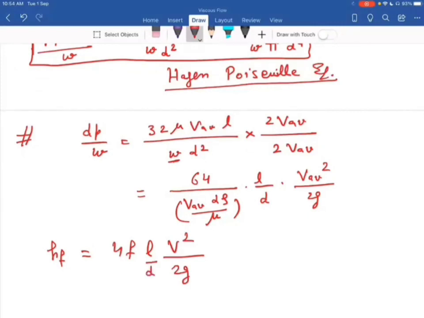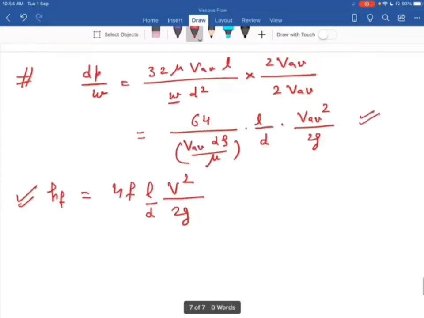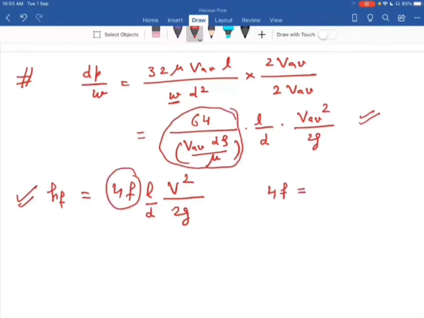This is the Darcy-Weisbach equation, and this is the Hagen-Poiseuille equation. So from here you can see the value of 4f is 64 divided by V D rho by mu, which is the Reynolds number.